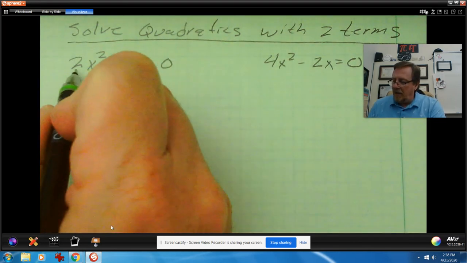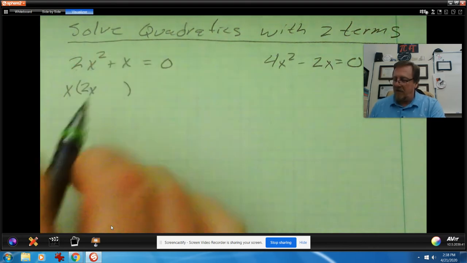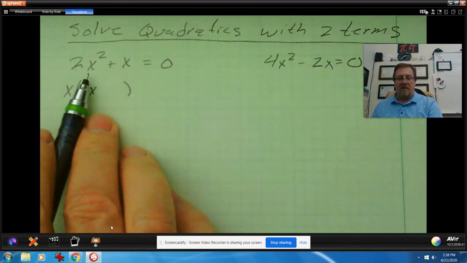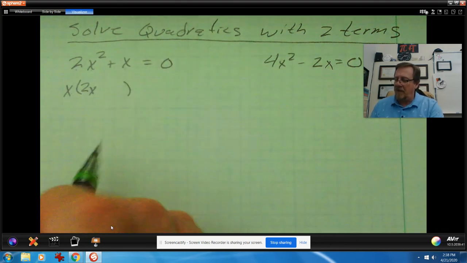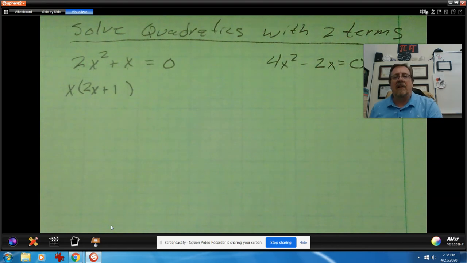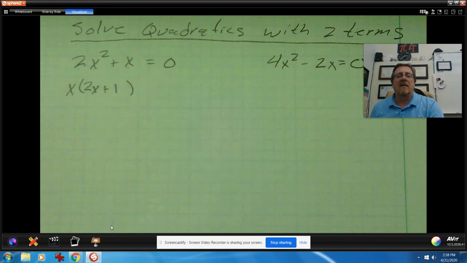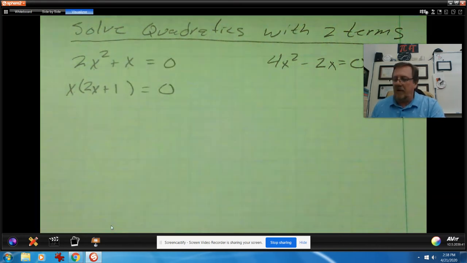If I took 2x squared and divided by x, I'd get 2x, since x times 2x is 2x squared. And if I divided x by x, I would get a 1. And I have to write that 1 there. X divided by x is not 0. It doesn't go away. It's 1. So when I factor those, they're still equal to 0.